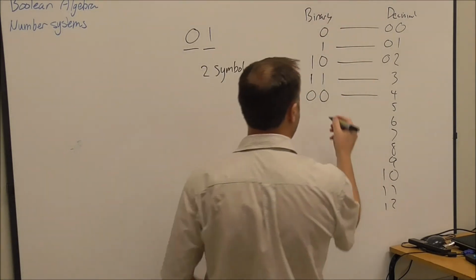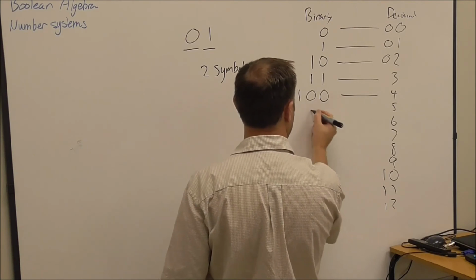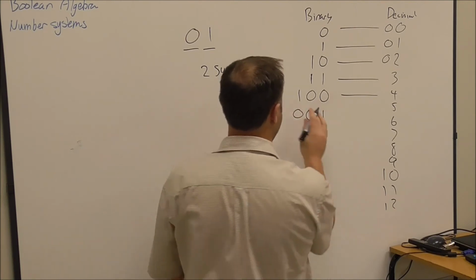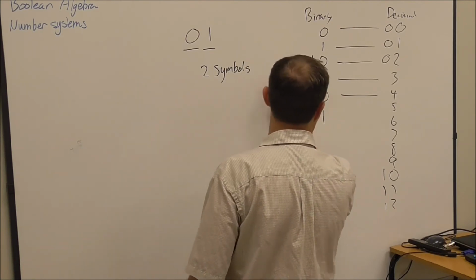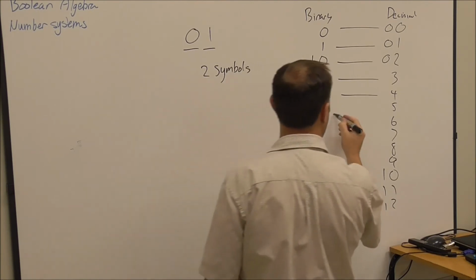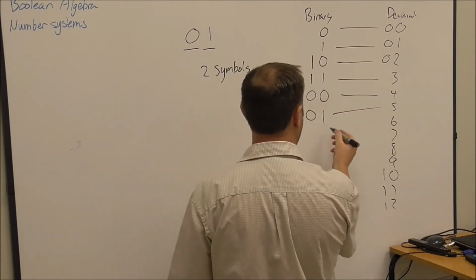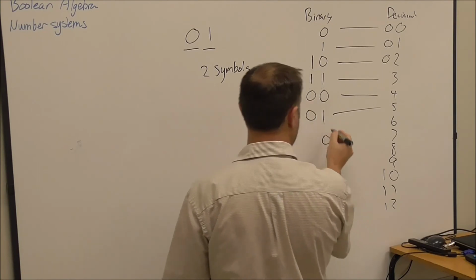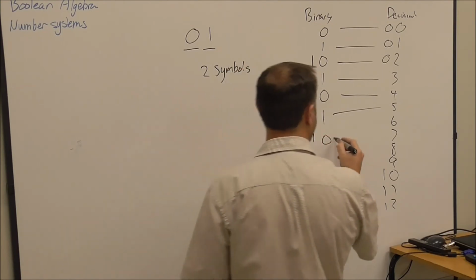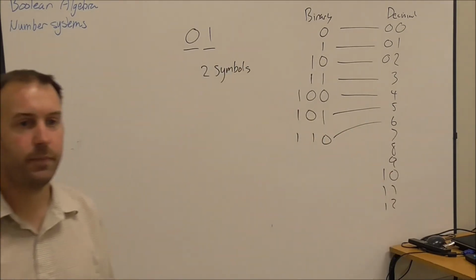So 5 would be, I'll increment that one by 1. That one stays, that one stays. Okay, that would be 5. And 6 would be like that. Okay?